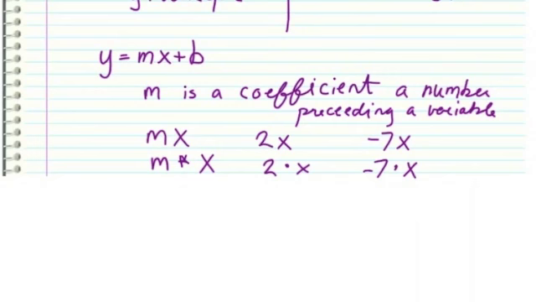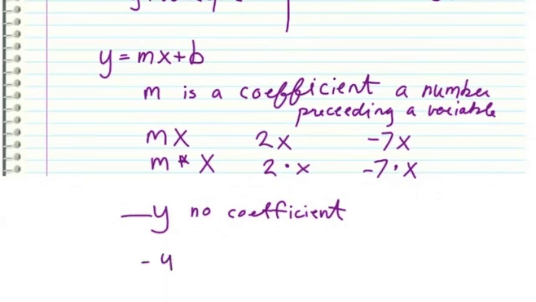There can be coefficients before your x value in a linear equation, but you do not want a coefficient before your y value. That includes a negative sign. So when I'm thinking about a negative y, what this really means is negative 1 times y.